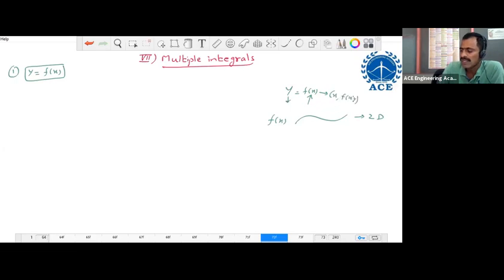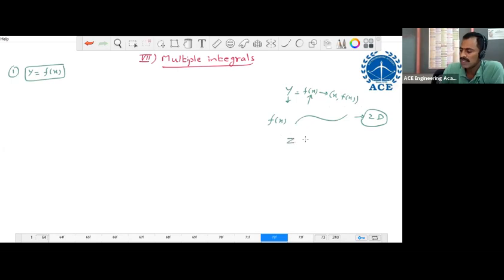That is why to represent this function geometrically, we require two-dimensional space. In 2D space, this is the coordinate of a point. We plot all these points in space, and if we join all those, we get the curve in 2D space. So this function geometrically represents a curve.